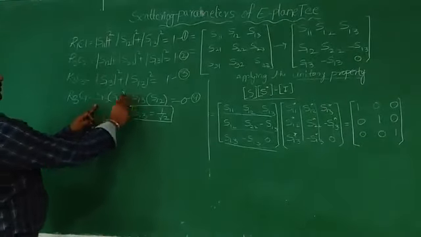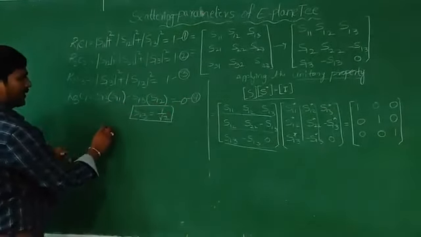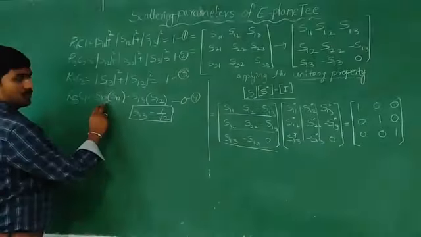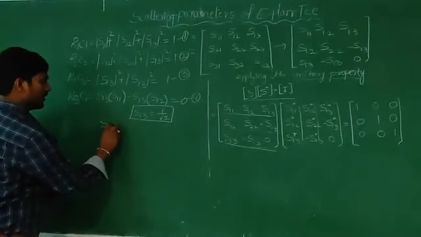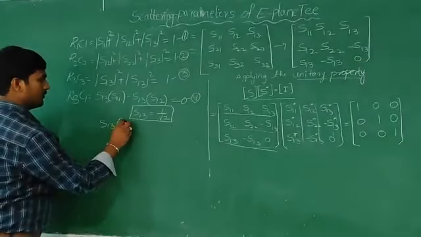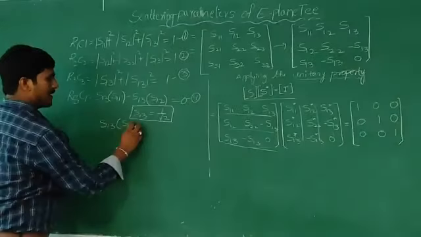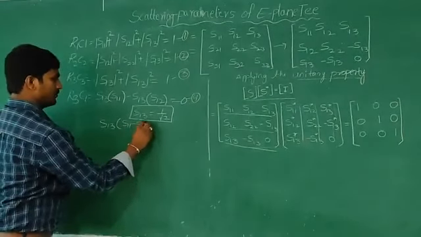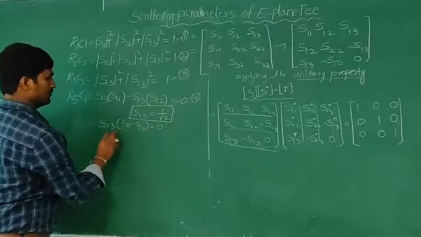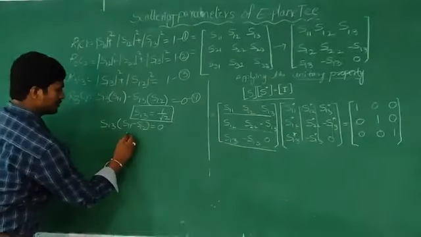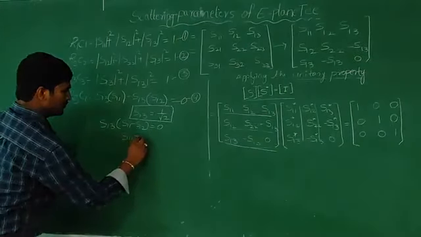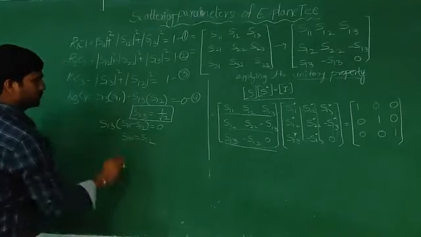From equation 4, we are taking the S13 term common, S13 of S11 minus S12 equals to 0. So S11 is equals to S12.